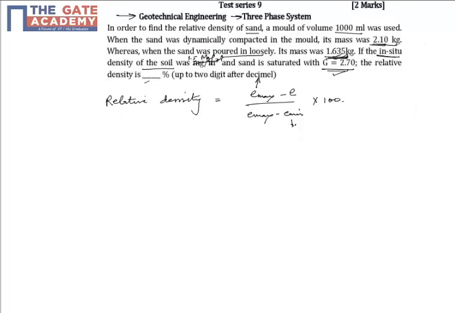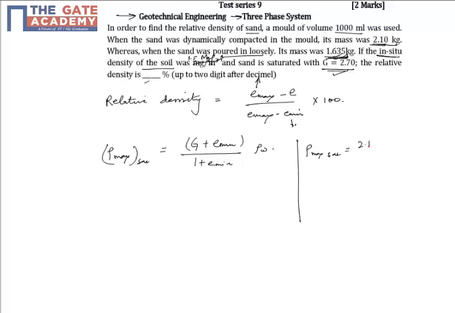We know that rho max saturated is equal to (G plus e minimum) divided by (1 plus e minimum) into rho W. Now rho max saturated is equal to 2.1 into 10 raised to power 3 divided by 1000, that is this mass divided by volume, 1000.